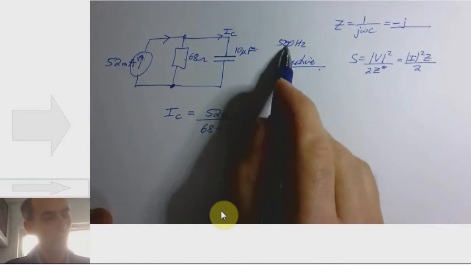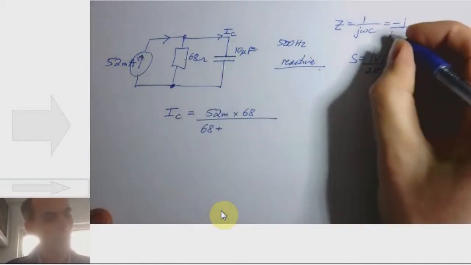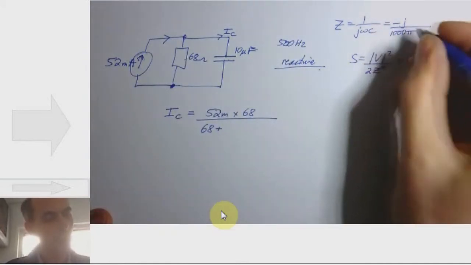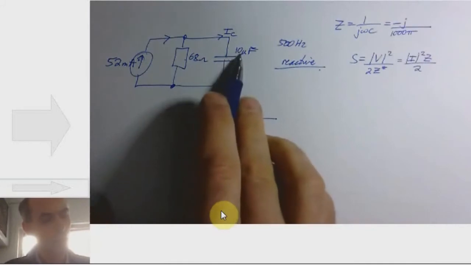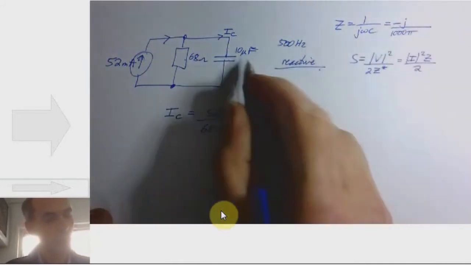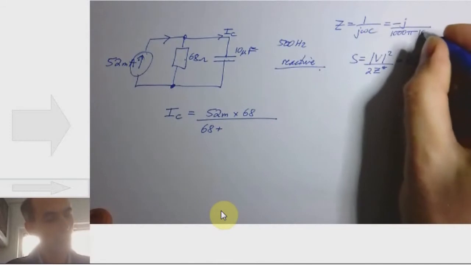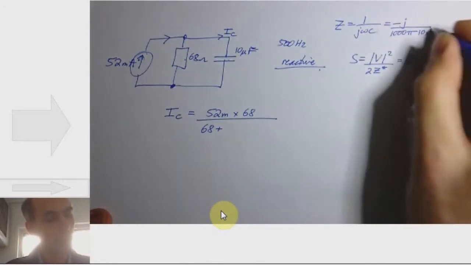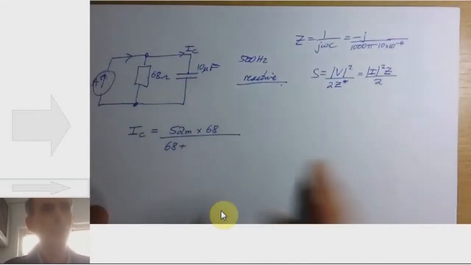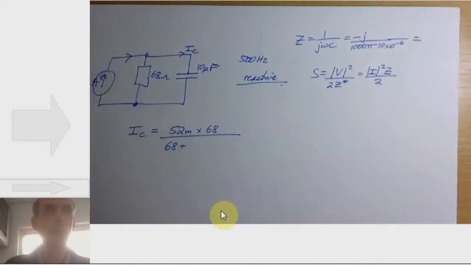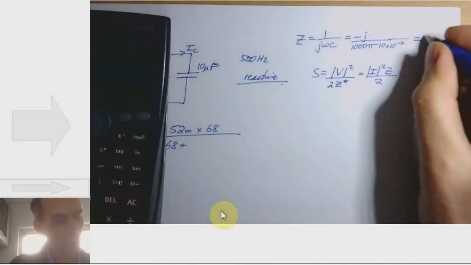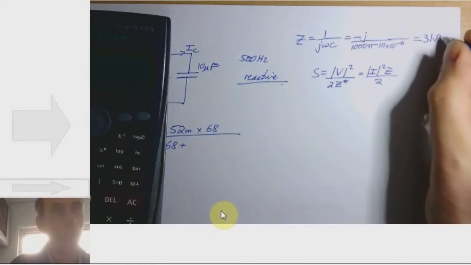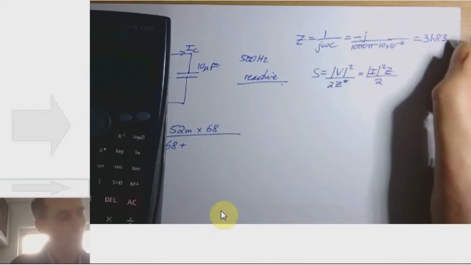Frequency is 500 hertz, so omega being 2 pi times the frequency in hertz, that would just be 1,000 times pi, and the value of capacitance is 10 micro, which is 10 times 10 to the minus 6. So stick that into a calculator and you will get, the answer is about 31.83 times minus j.